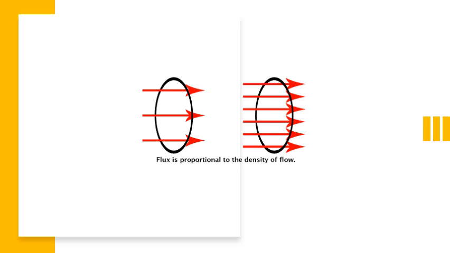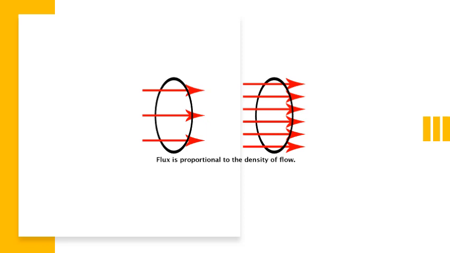If I am assuming that these circles we have shown are the virtual surface we have chosen, and these arrows represent electric field lines, then more lines are passing through the second figure than the first, and the flux is proportional to the density of flow.